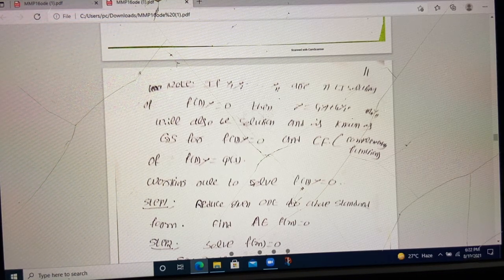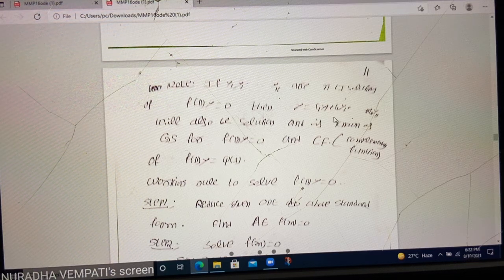Let us see what the working rule is to get the general solution for f of D on y equal to 0. First, reduce the given ODE to the above standard form. Even if it is given in the form of d square by dx square, d cube by dx cube, you need to convert it in terms of D, the standard form f of D on y.